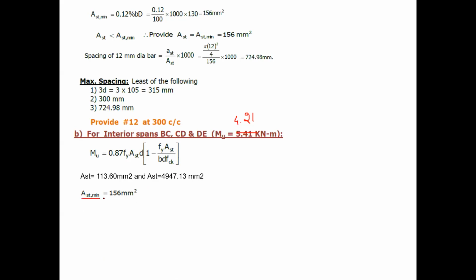So AST minimum is 156. So AST is lesser than AST minimum. So what you have to do? You have to consider AST minimum. Take down. Therefore, provide AST is equal to AST minimum, which is equal to 156 mm square.